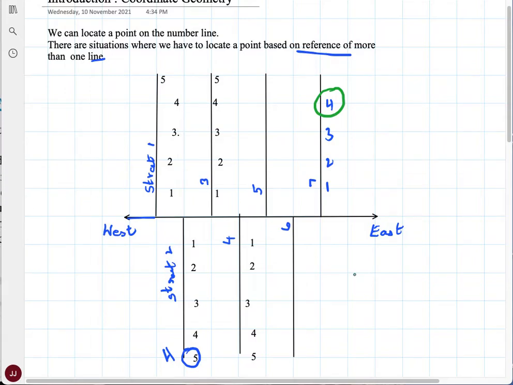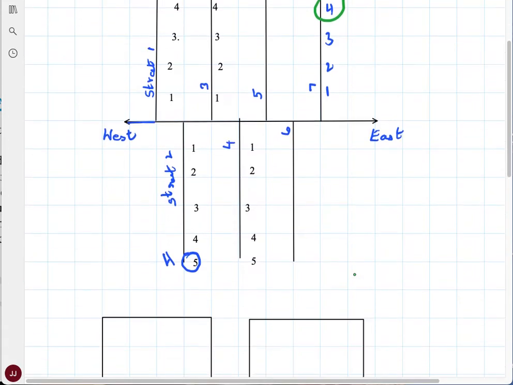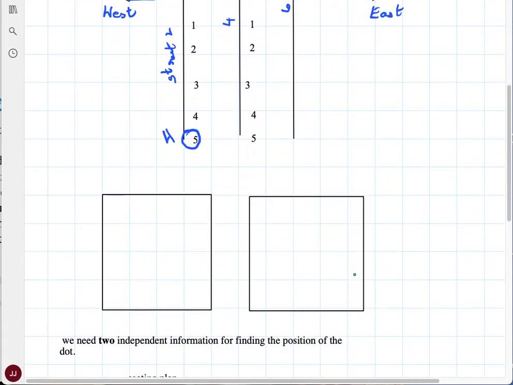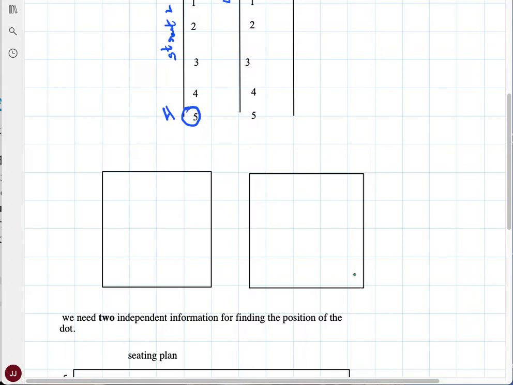Suppose we take another scenario. Suppose we have a sheet of paper and we want to know the position of a dot on the paper. Okay, so how will we reference it?